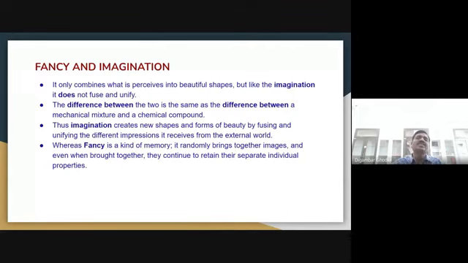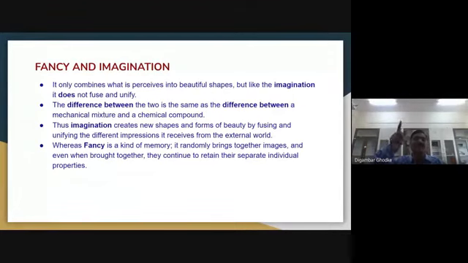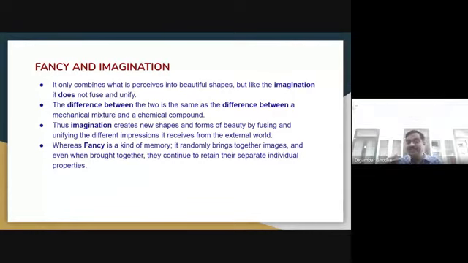Because imagination creates new shapes and forms of beauty. How? By fusing and unifying the different impressions it receives from the external world. So a red rose is an imagination. My love is like a red rose. When the poet speaker says that, it is imagination, because here a fusion, the unification of different impressions has taken place.